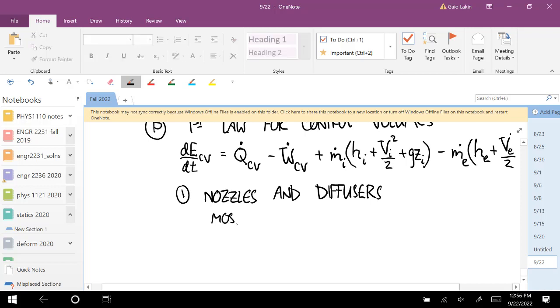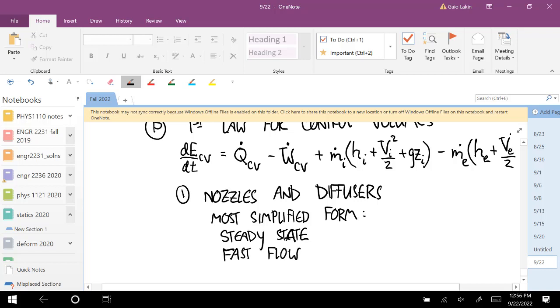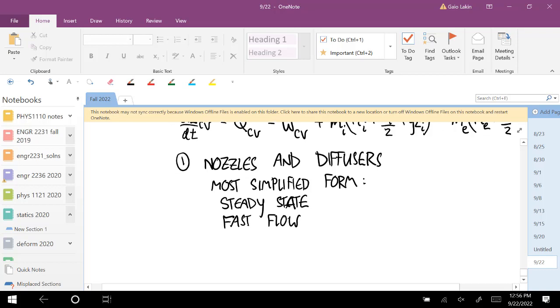In its most simplified form, we assumed steady state, fast flow through the device, and rigid walls of the device.